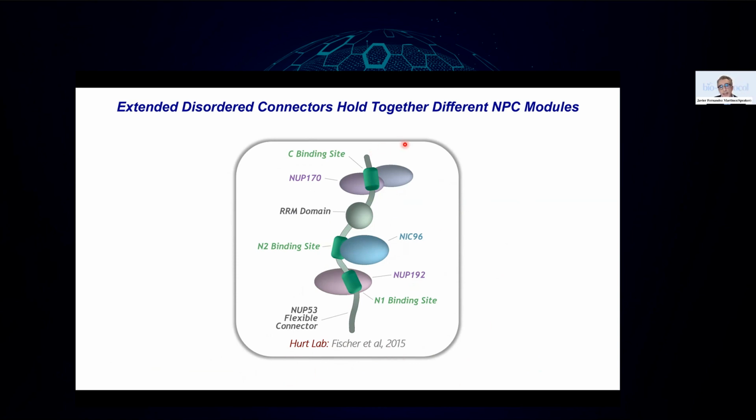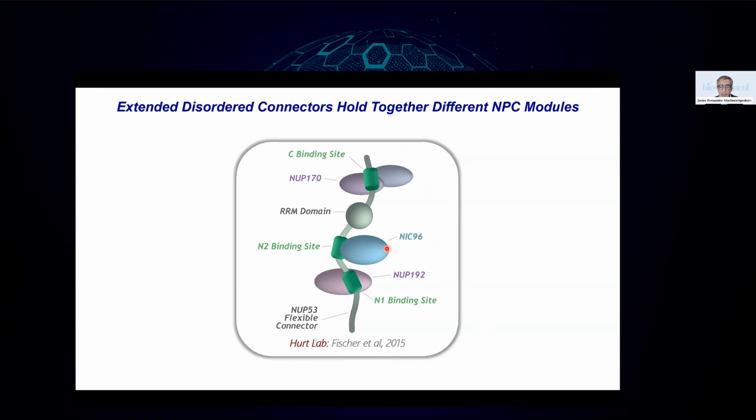They are relatively long, intrinsically disordered regions in certain nucleoporins that contain short interaction motifs that establish weak interactions with some of the folded big components and big modules of the nucleopore complex. So you can think of them as a piece of string with a couple of pieces of tape that you use to connect certain things.